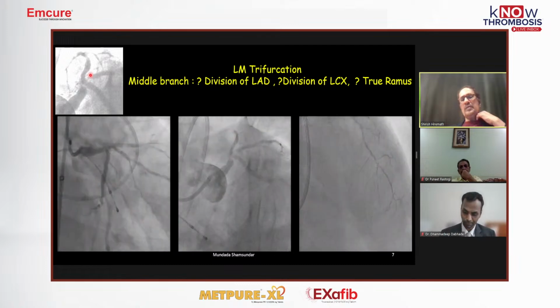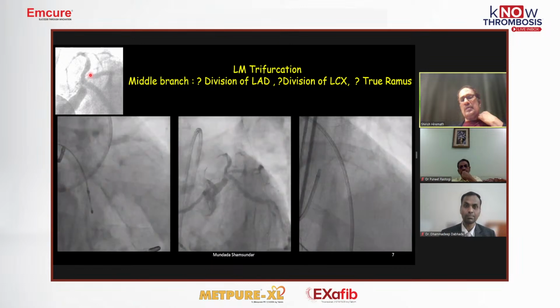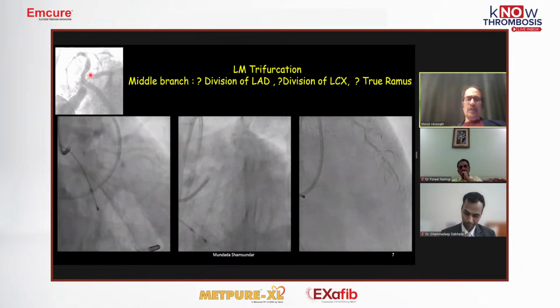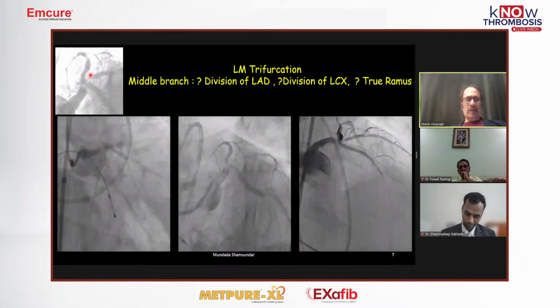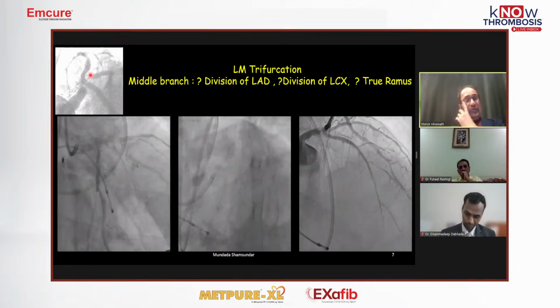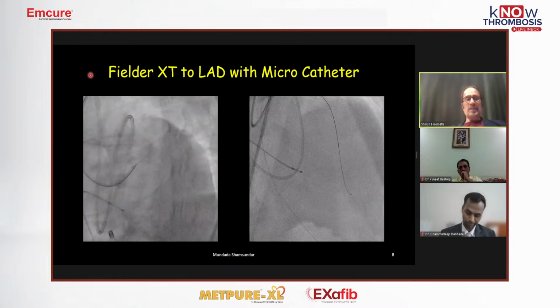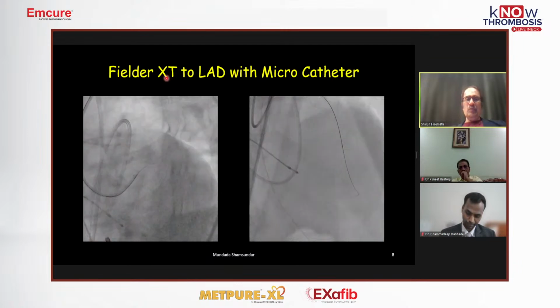So we had an EBU 7 French catheter. We use it very often for sicker cases because you can move it in and out very easily. In this particular case, we used a Fielder XT with a microcatheter. The whole idea was to move fast.